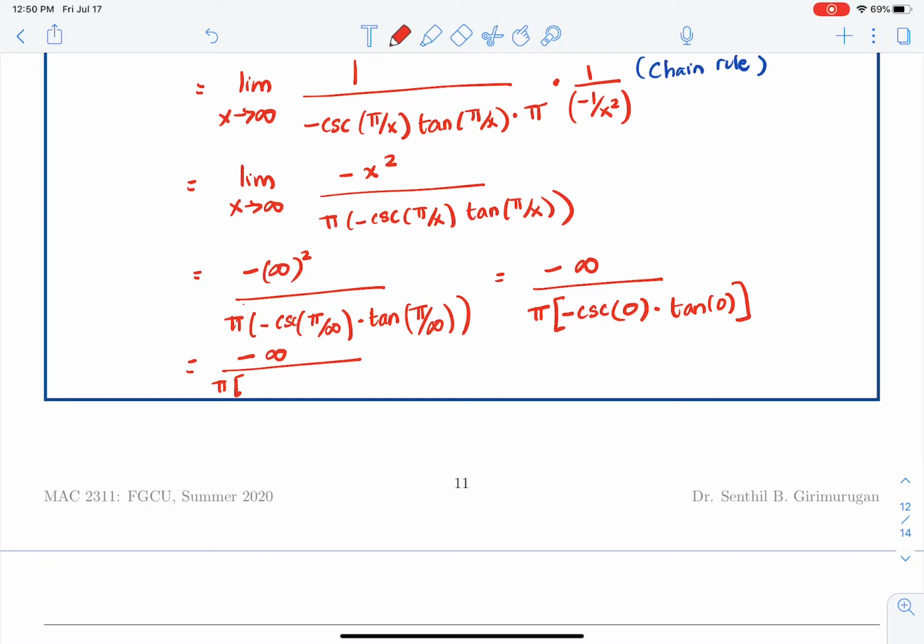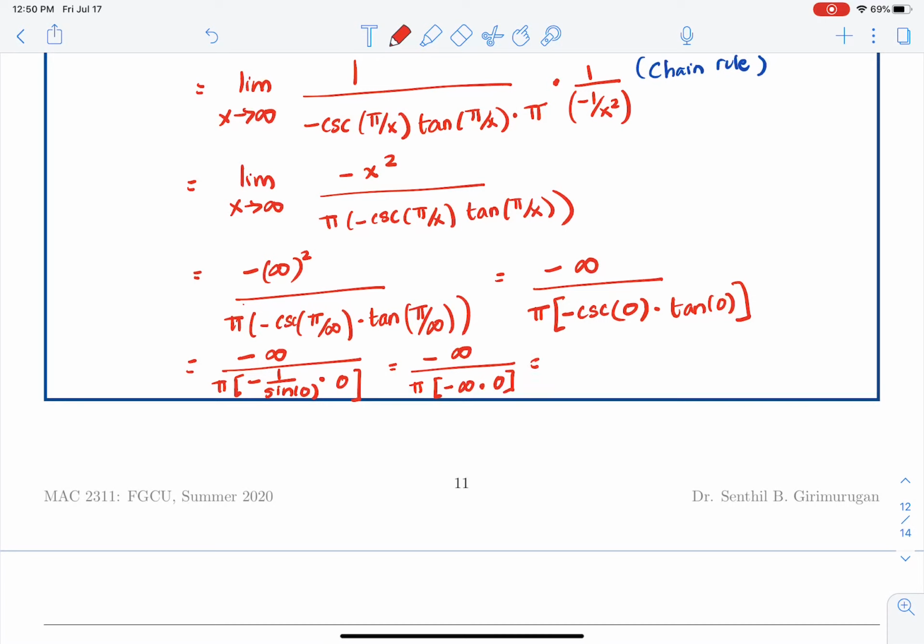Negative cosecant 0 is minus 1 over sine 0, and we know tangent 0 is simply 0. But 1 over sine 0 is infinity, so we have negative infinity over pi times negative infinity times 0.